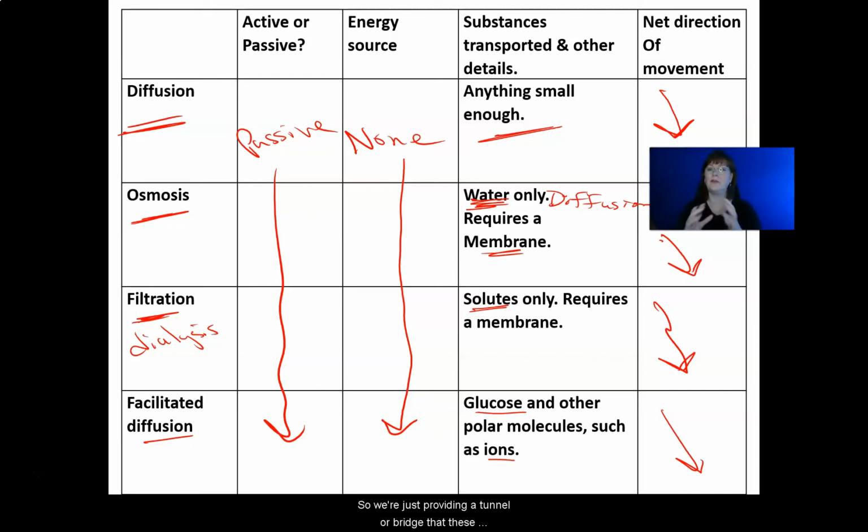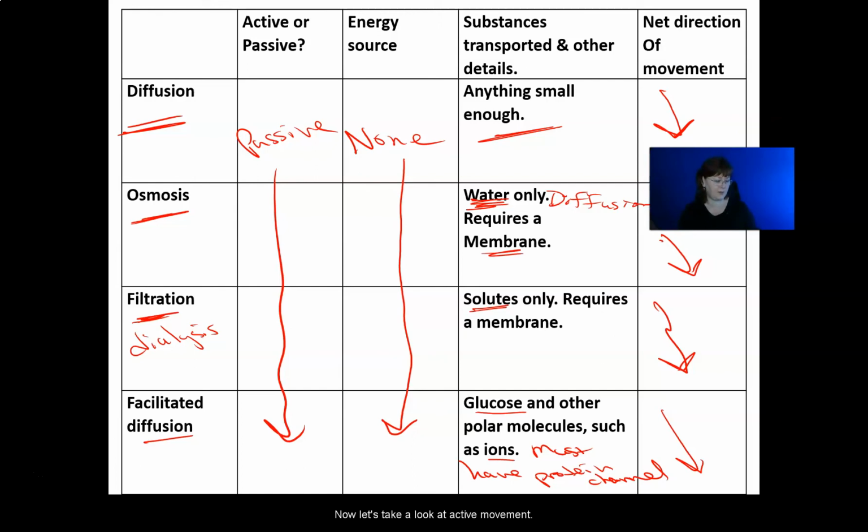So we're just providing a tunnel or a bridge that these things can use to cross that membrane. So in this case, we must have a protein channel. So those are the different types of passive movement.